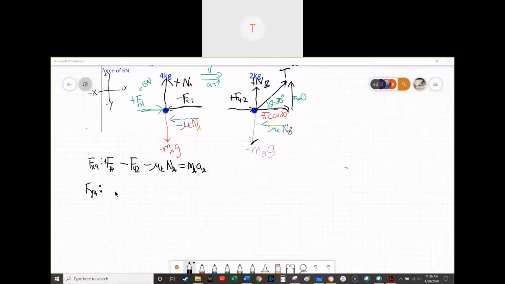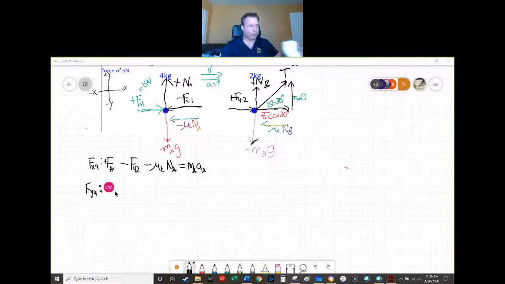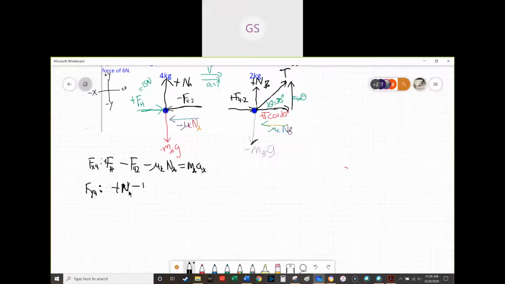Do it right there. Are you writing with your mouse?